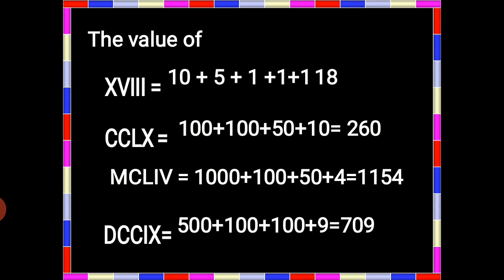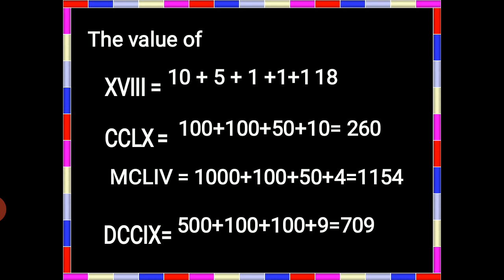All the Roman numerals are arranged from the greater to the smaller, so we will add all the numbers. 10 plus 5 is 15, plus 1 is 16, plus 1 is 17, and plus 1 is 18. So XVIII represents 18.